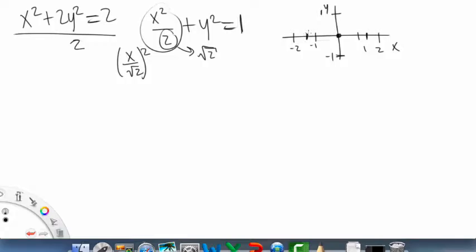And it'll stretch out all the way from negative radical 2 to positive radical 2. And then the y, the minor axis, is going to be 1. So it'll just intersect right here at +1, and then it'll go around. I'm trying my best to graph here. Okay. Alright, so something like this. So it's not a circle. This is an ellipse, like I said before.